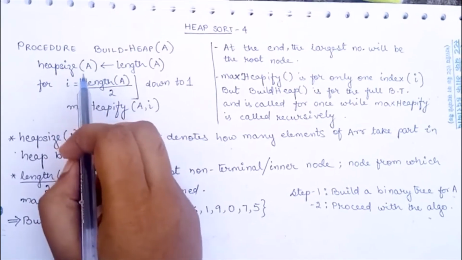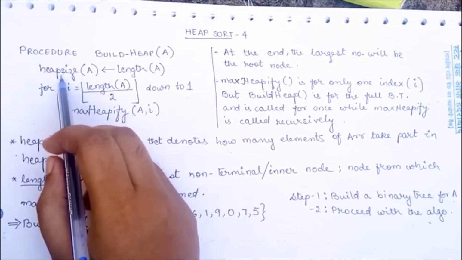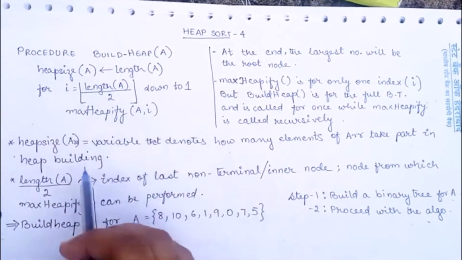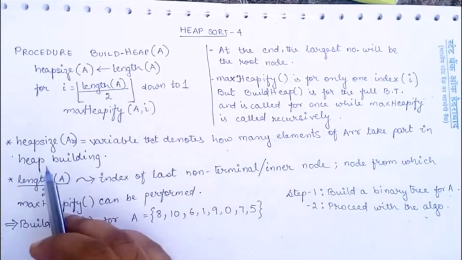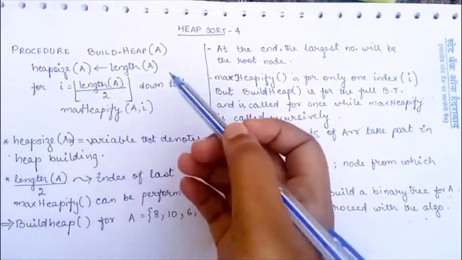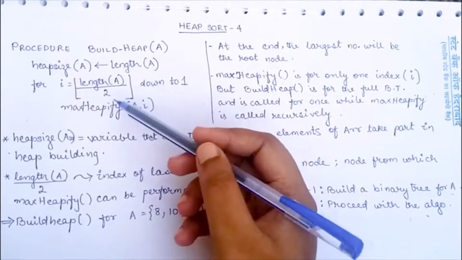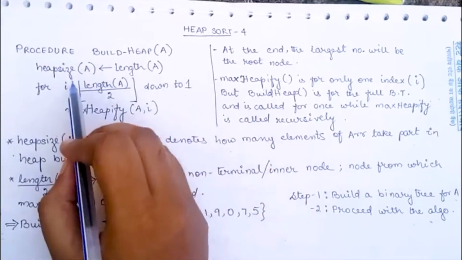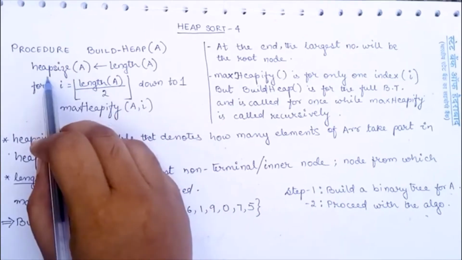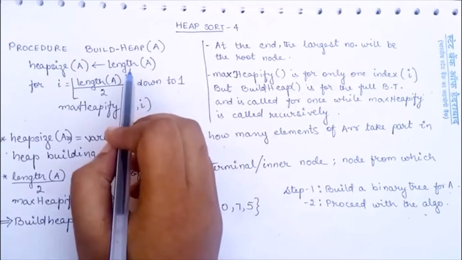In build heap, first we will see the heap size. The heap size is a variable that denotes how many elements of the array will take part in the heap building. We will draw a max heap for the sorting, so for that we need its size. What is the heap size?